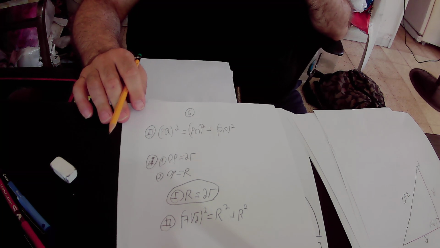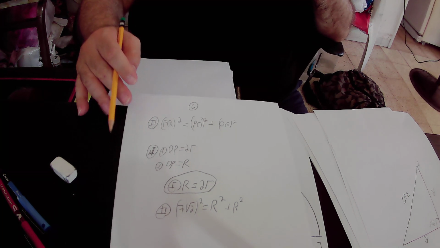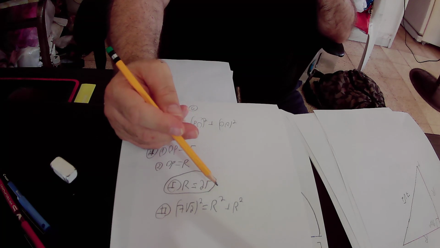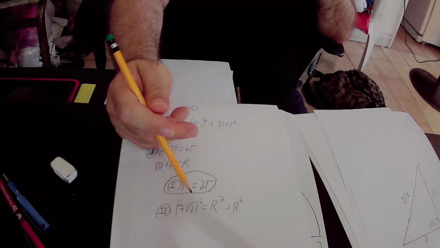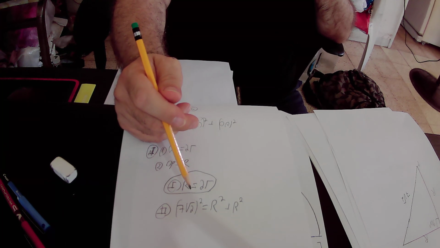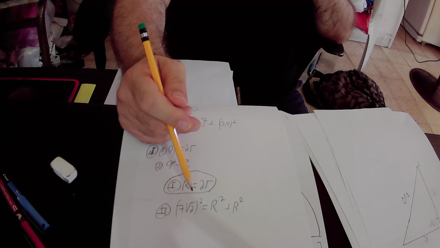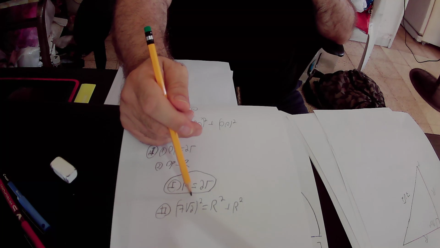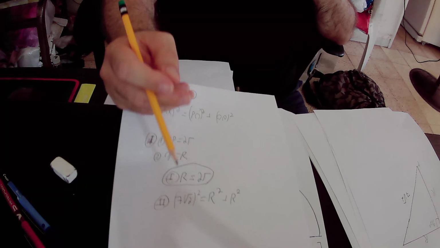Okay, but R square plus R square equals 2 times R square, and 7 times root 2 squared equals 49 times 2, because 7 square equals 49, and root 2 squared equals 2. So I will write it down.